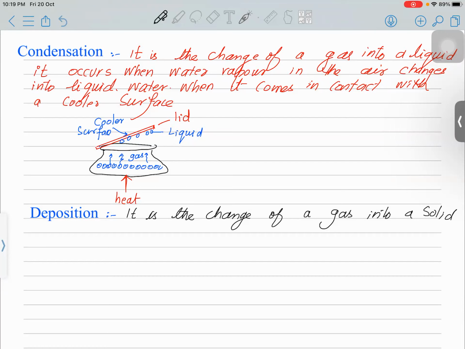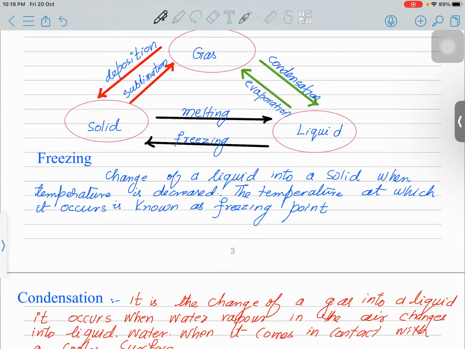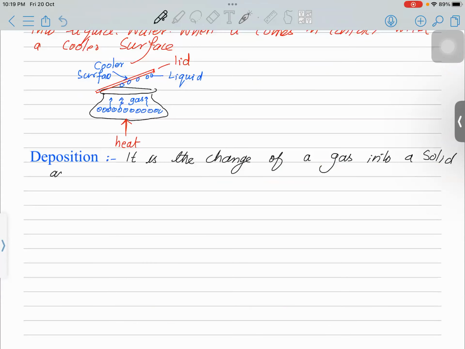Sir, isn't deposition solidification? Another name is solidification. Do you understand what I'm saying?